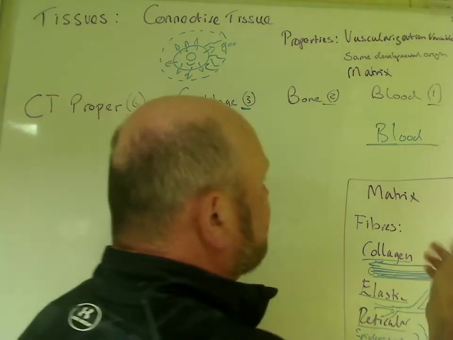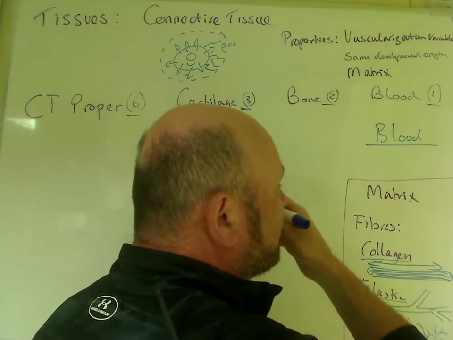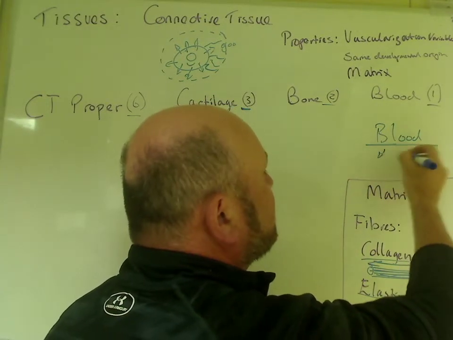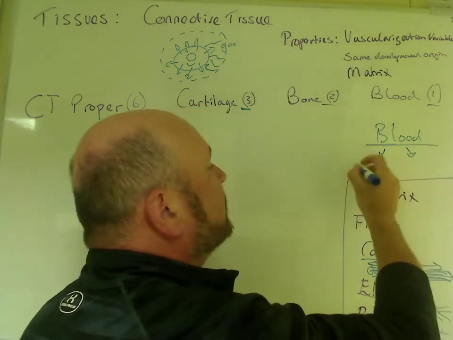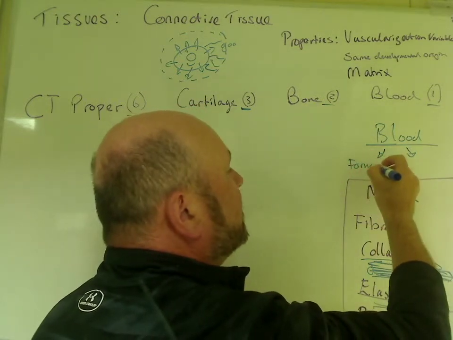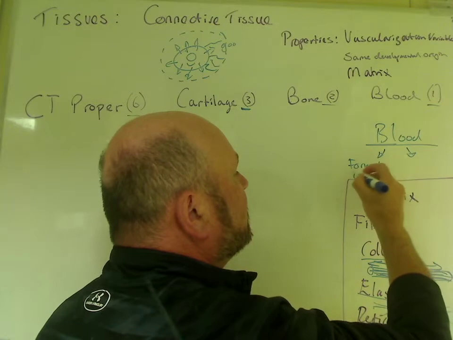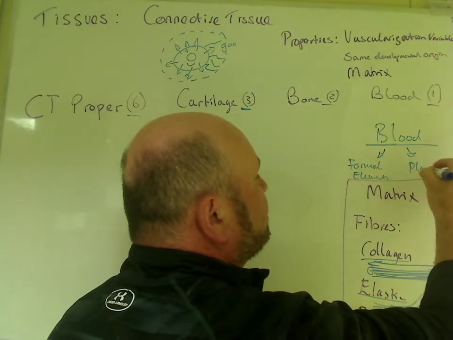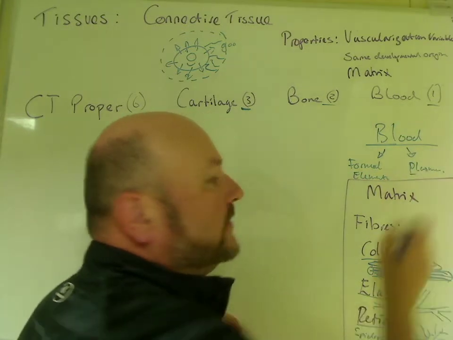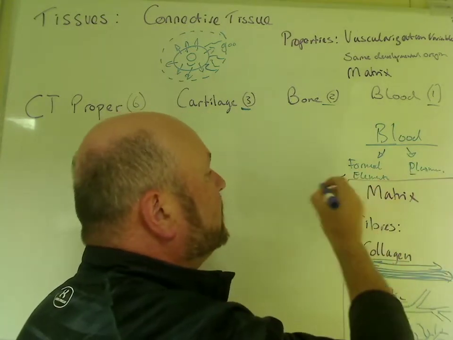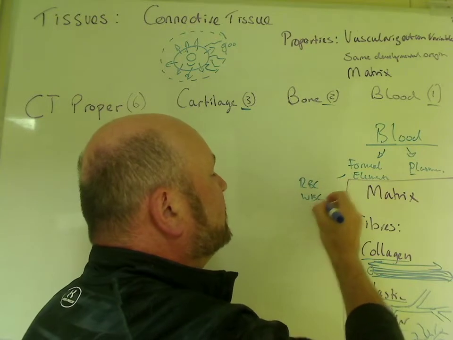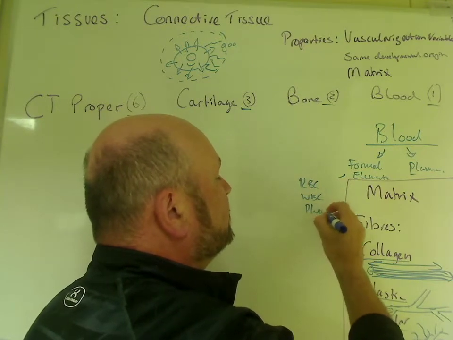So what's its matrix? Well, blood basically breaks into, and we'll see this later on in the course, formed elements and plasma. The plasma being the liquid phase. Formed elements are red blood cells, white blood cells, platelets.